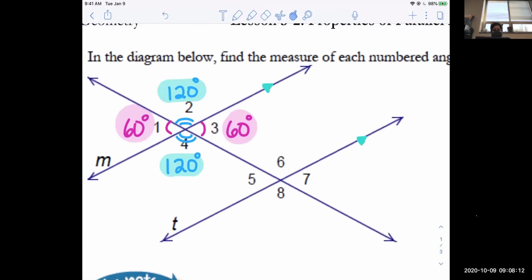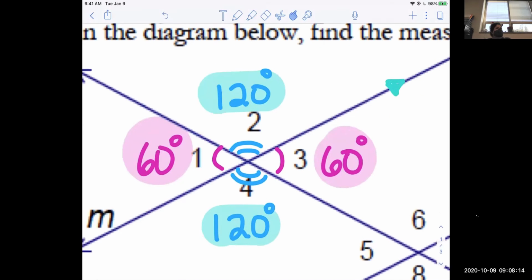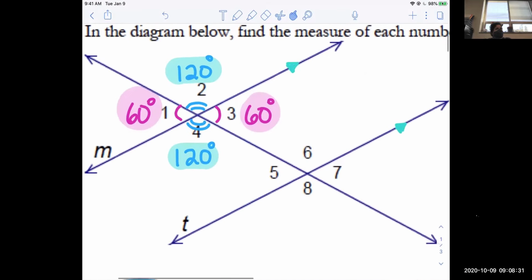Now, did finding those 4 angle measures require us to know anything about parallel lines? No, right? We used that vertical angles are congruent. We used that linear pairs are supplementary. That had nothing to do with parallel lines. However, if we try to jump down to this other group of angles down here, we're going to have to use the angle measures that we've got up above.